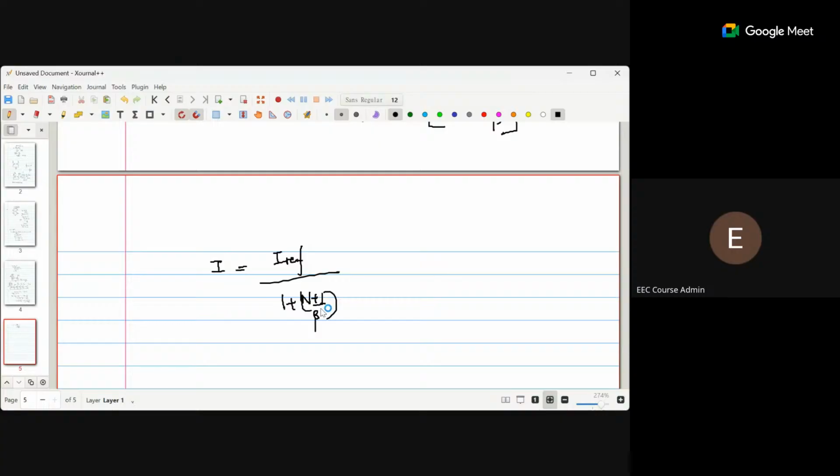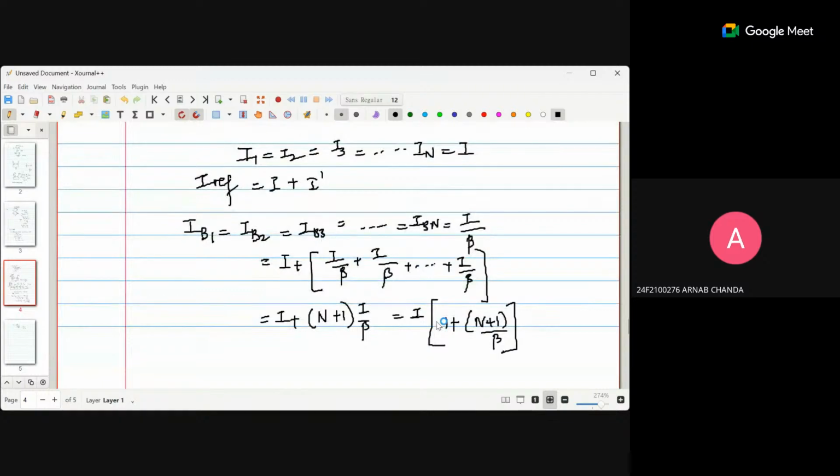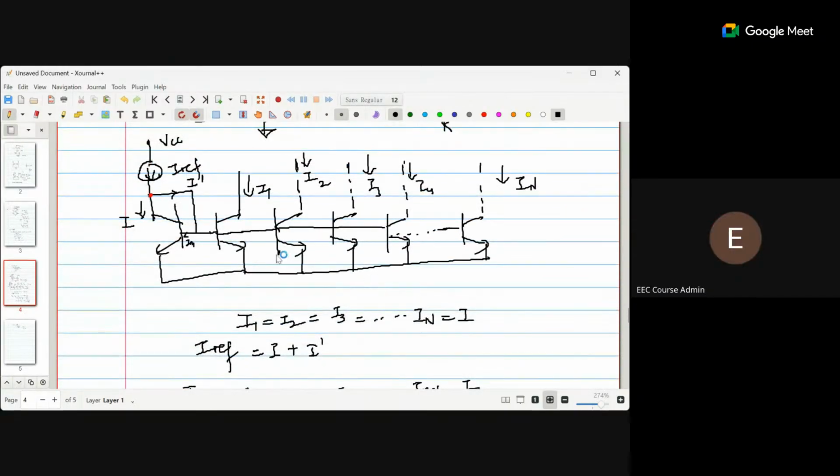Okay. So if you substitute some n equal to 5 and randomly choose some I reference value, you can see how we can calculate the I first. I reference is mostly given, right? So how can we calculate the I? First we need to know the I, right? Then this I plus I prime, correct? That is what we have written here.